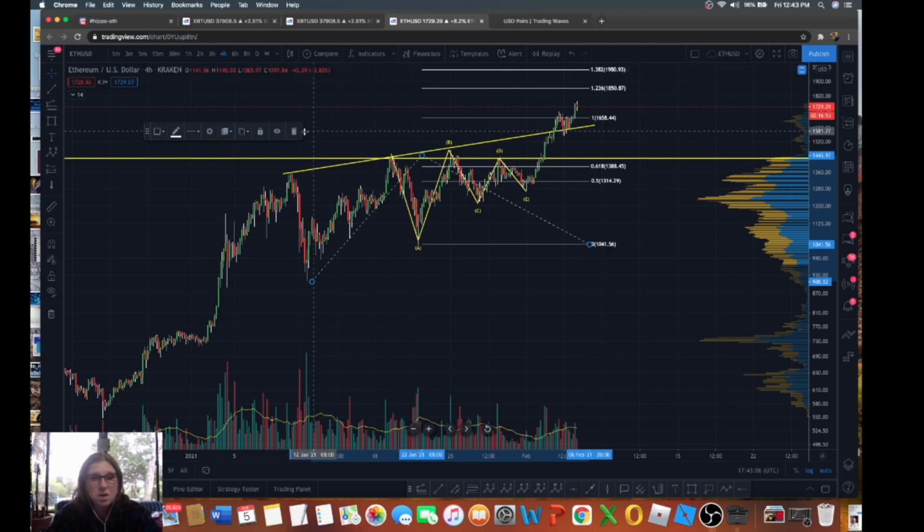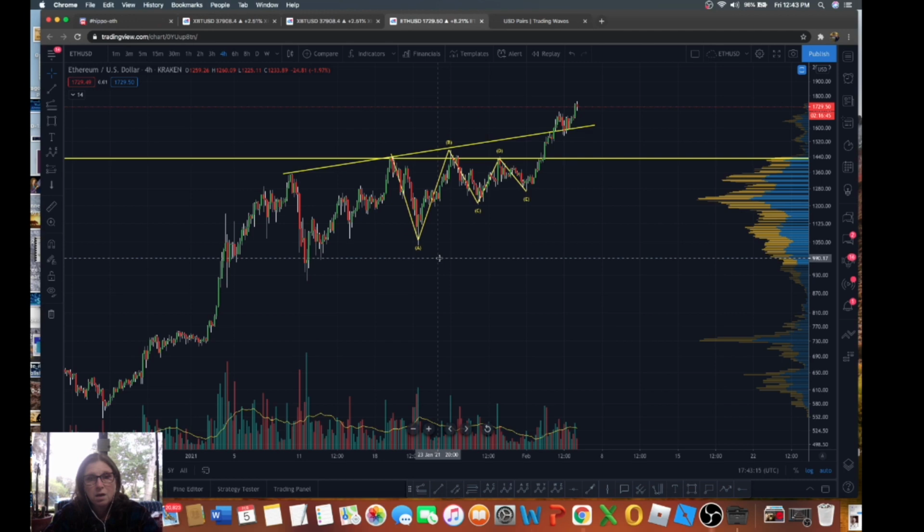But I've seen people counting it that way, and I just wanted to go over it. If this was a W, and we're going to call this an X, there's no Y wave to speak of. So I'm not leaning towards this triangle.